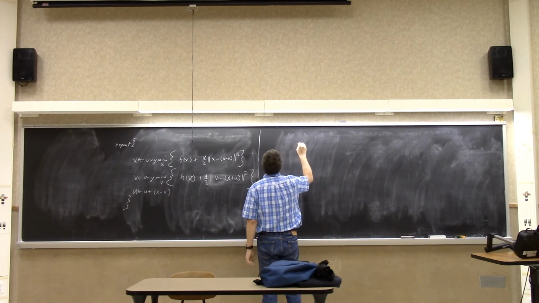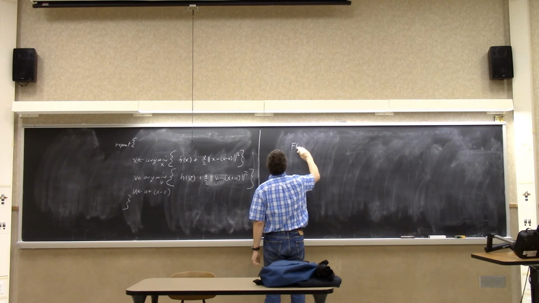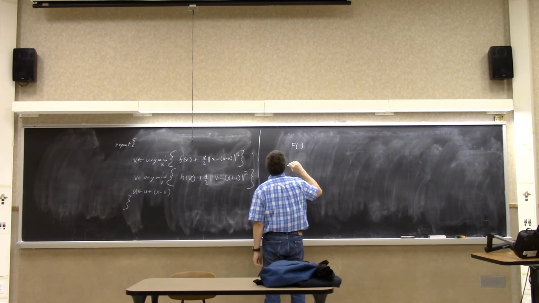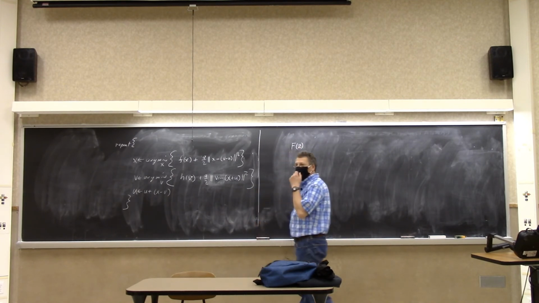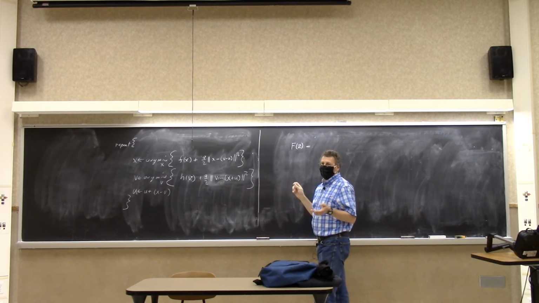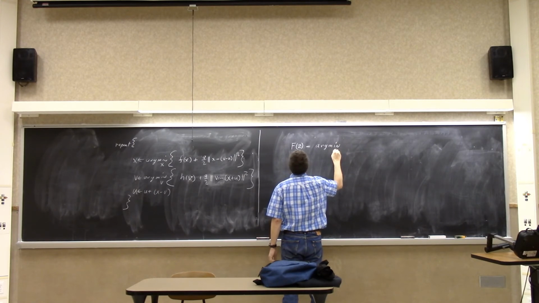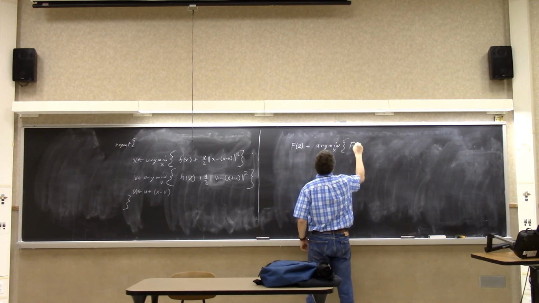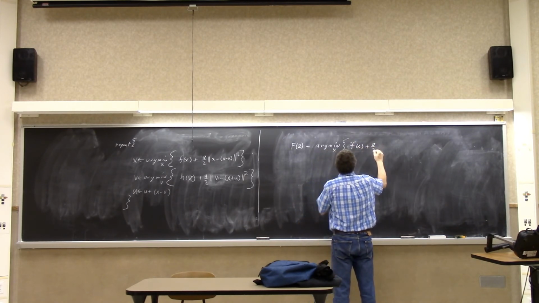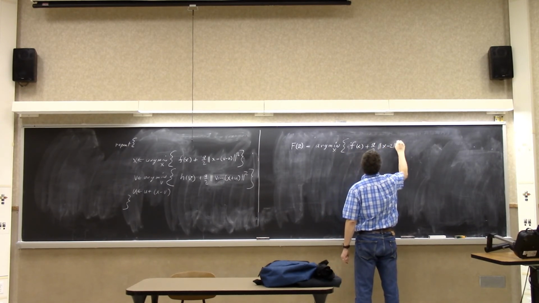We can define a function, f of z, so as not to confuse you. Of course, these are all dummy variables, so it doesn't really matter, but still, I know it's hard. So f of z is arg min over x of f of x plus a over 2 norm of x minus z squared.